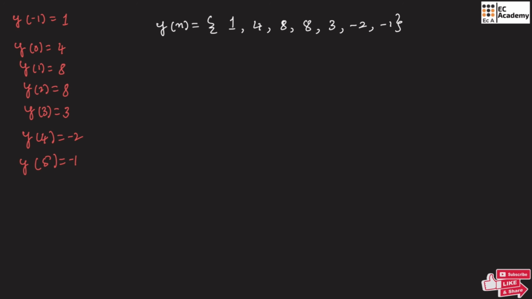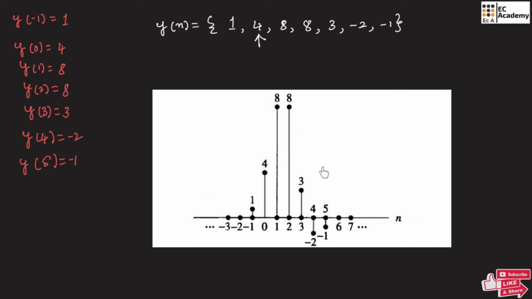So that's why we can write the arrow mark at 4. So this is the plot of the output sequence, which is the convolution sum of the given signal. So here the output is 1, 4, 8, 8, 3, minus 2 and minus 1, which is plotted at n is equal to minus 1, 0, 1, 2, 3, 4 and 5.